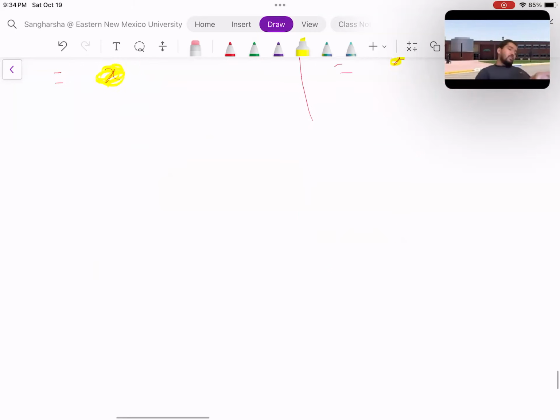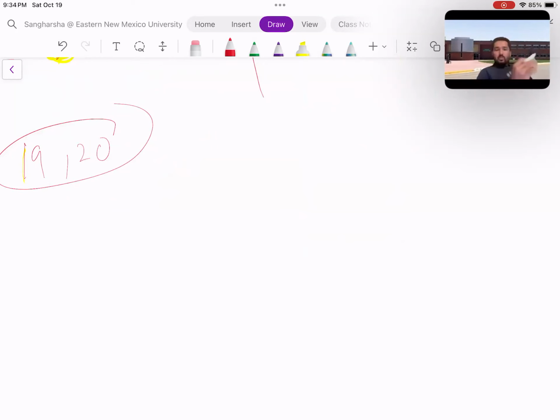So let me give a different example and you should be able to do 19 and 20. You are asked to decide whether the function is one-to-one or not.